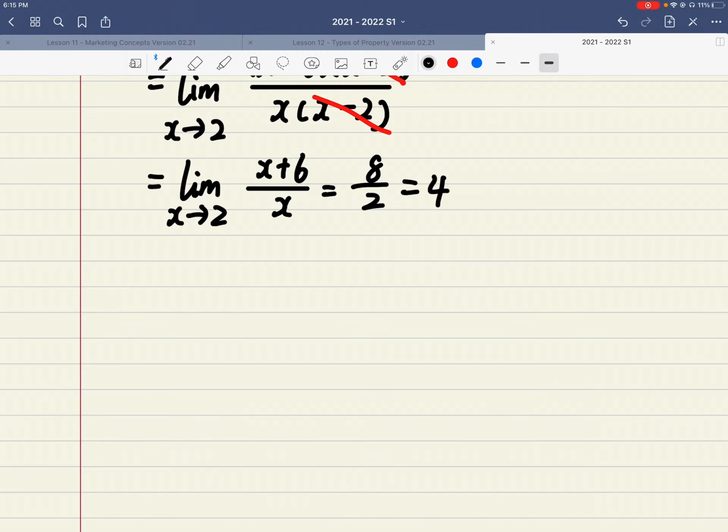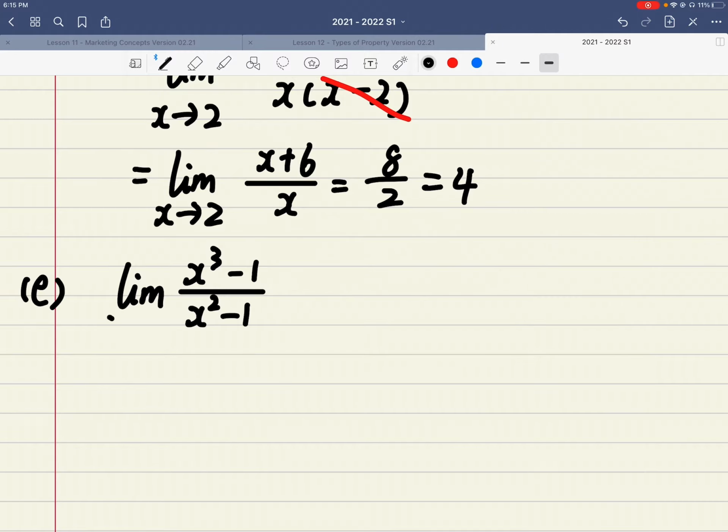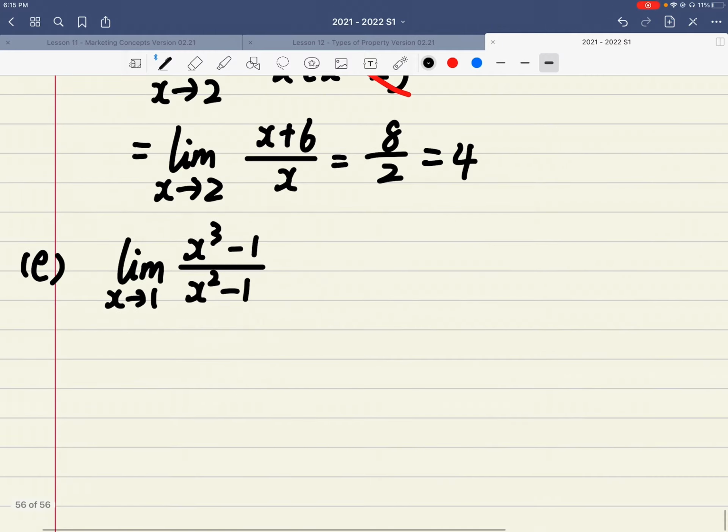So what's similar to part A is, for example, part E. Limit of x cubed minus 1 over x squared minus 1, x is approaching 1. When x is approaching 1, if you do the substitution, it's 1 cubed minus 1 over 1 squared minus 1.